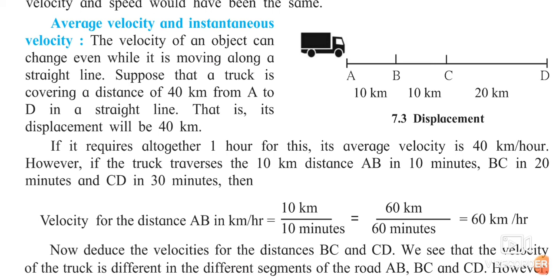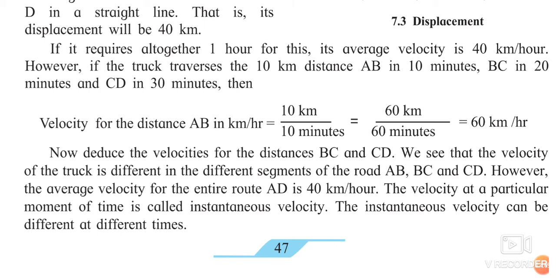But suppose this truck travels 10 kilometers in 10 minutes, BC, that is 10 kilometers again in 20 minutes, and CD in 30 minutes. So 10 plus 10 is 20, and 20 plus 30 is 50. So if he is traveling for 50 minutes and earlier he had taken 1 hour, obviously the velocity will be different over here. So now deduce the velocity for the distance BC and CD.